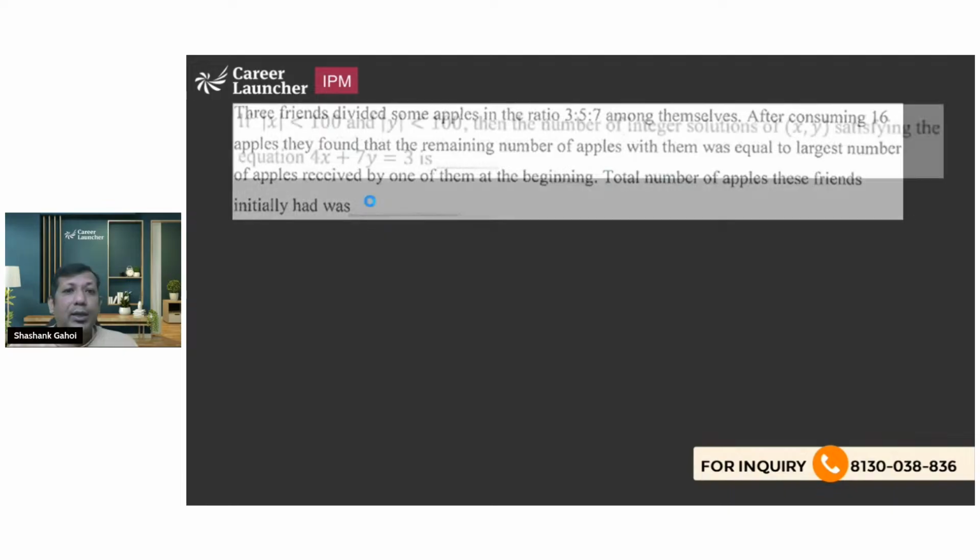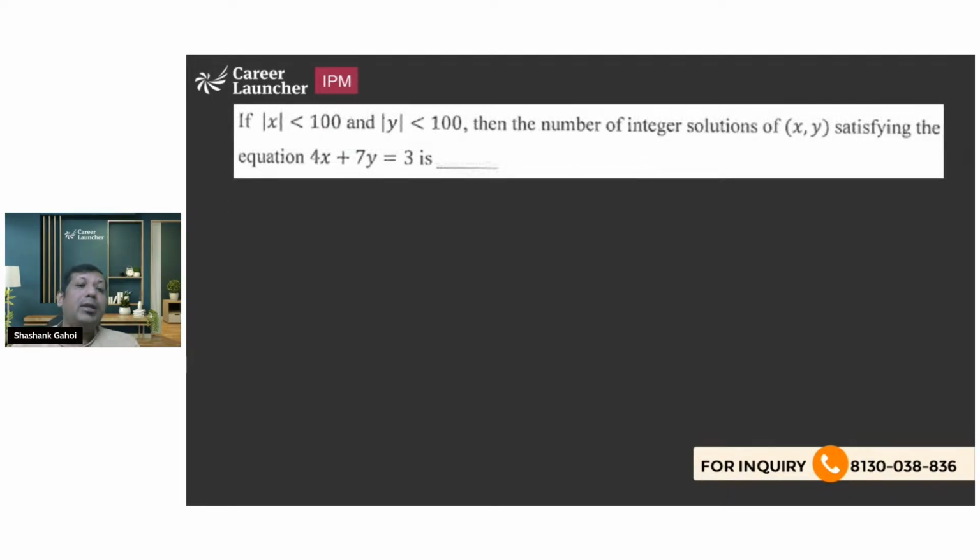Yes. Now this one. So mod है, mod में inequality है, and we have a linear equation as well. ठीक है. So सबसे पहले देख लेते हैं what the question is talking about. The question is simply saying कि mod x is less than 100. इसका सिंपल मतलब ये है कि x should be greater than -100 and less than 100. mod y is also less than 100. इसका मतलब सीधे हम ये बोल सकते हैं कि y is greater than -100 and y is less than 100.